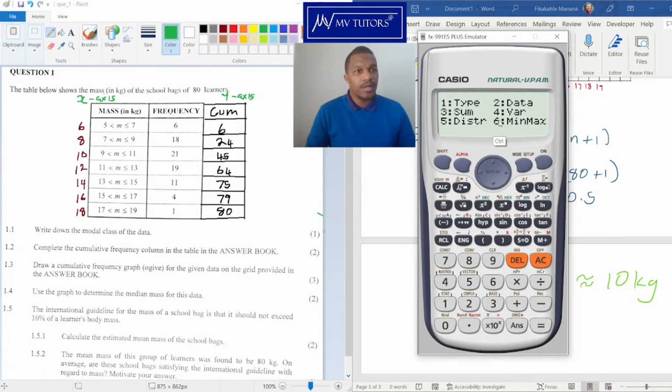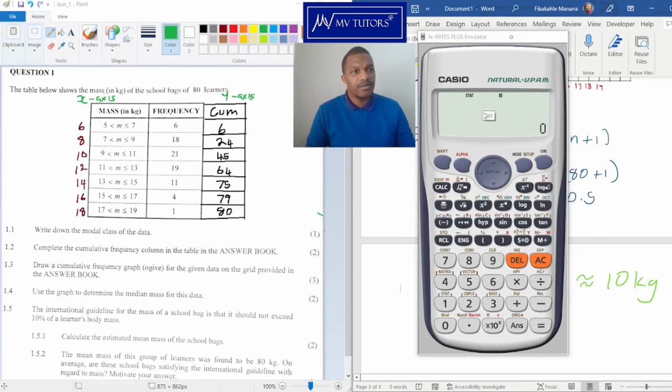And then what we are looking for is a variable, which is var, number 4. We press 4, and we want the mean, right? Because the question asks us to calculate the estimated mean mass. So we'll press number 2 of this calculator, and then equals, and it gives us 10.675.